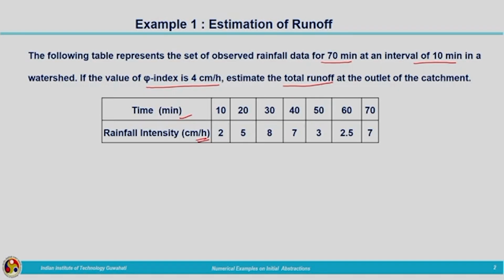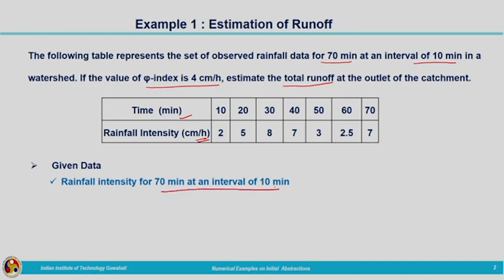Now, let us solve the problem. Before that, let us revisit the data given. Rainfall data for 70 minutes at an interval of 10 minutes is given to us. Phi index of 4 centimeters per hour is also given. We know that if the phi index is there, we can compute the runoff depth. Phi index represents the constant rate of abstraction from a catchment.